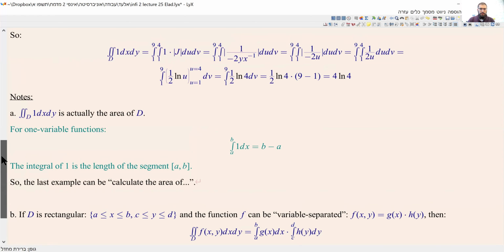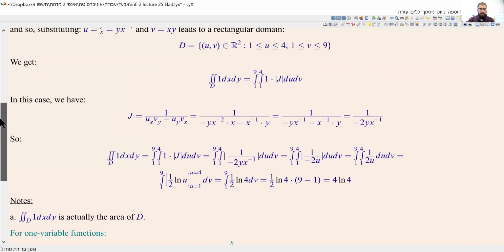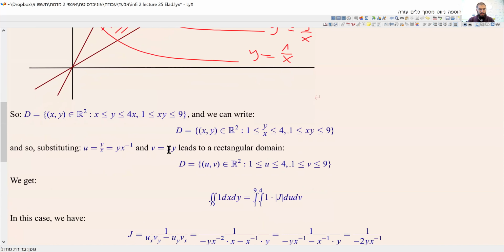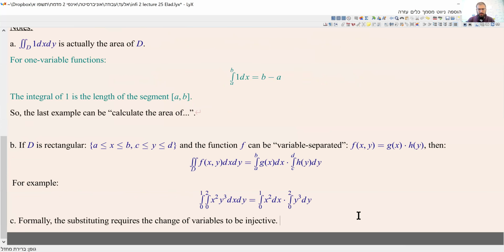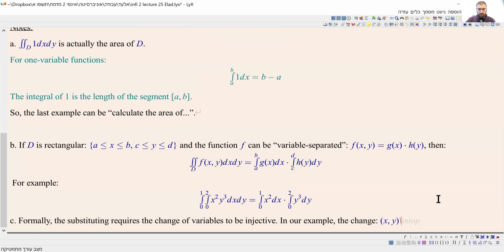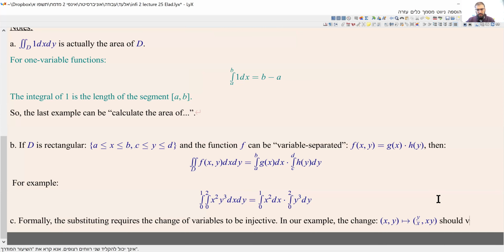And for example, here we have a function of two variables. The function takes x and y to y over x and xy. In our example, the change x and y goes to y over x and xy should be injective.